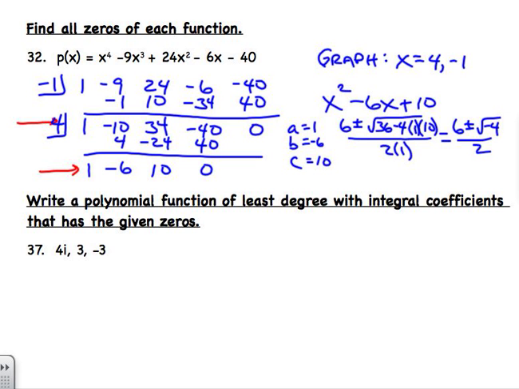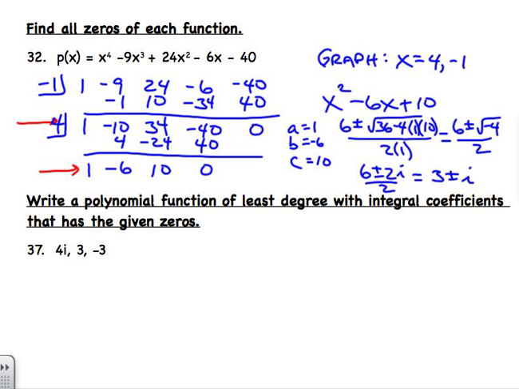Don't let the negative scare you. You know there's just going to be some imaginary numbers. So my other 2 solutions are going to be 6 plus or minus 2i over 2. And then since 2 goes into both 6 and 2, my final last answers are 3 plus or minus i.